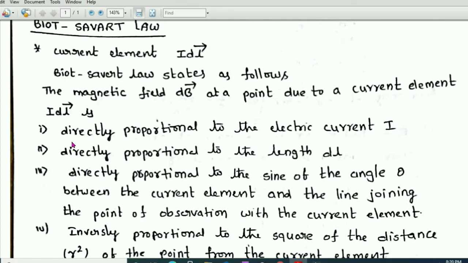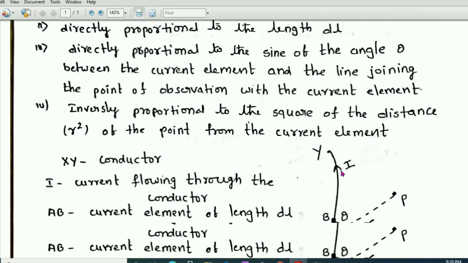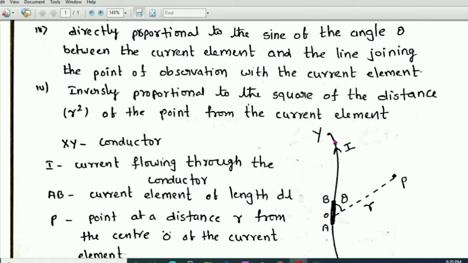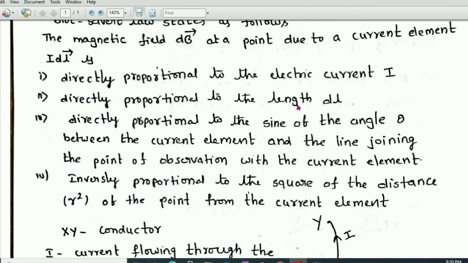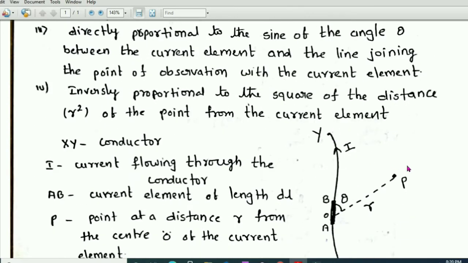That magnetic field is directly proportional to the electric current, and directly proportional to the length dl. That means the magnetic field at point P is directly proportional to the length of this element. As the length of the element increases, the magnetic field also increases. As current increases, the magnetic field at point P also increases.